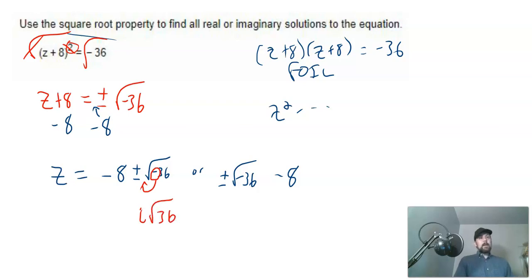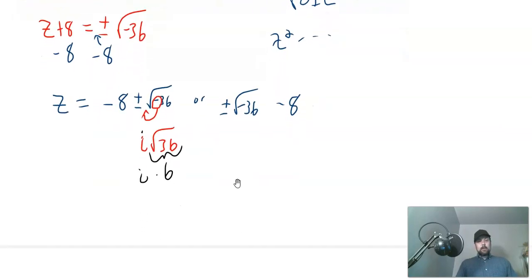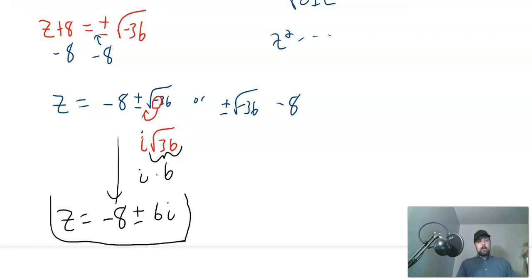And this one, they're actually being kind of nice to us by giving us a number that works out nice with the square root. And so we have the square root of 36, which is just 6. And so putting all that together, we end up with the answer of z equals, don't forget the negative 8, let's just copy that down, plus or minus i times 6, which I would write as 6i. And that would be the final answer there.